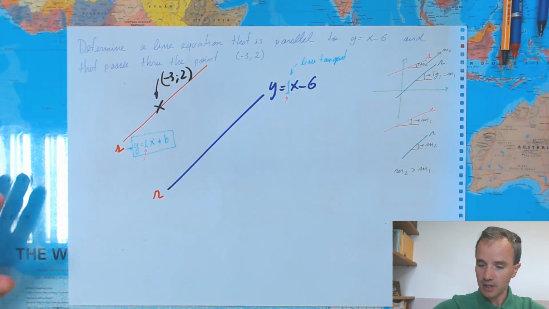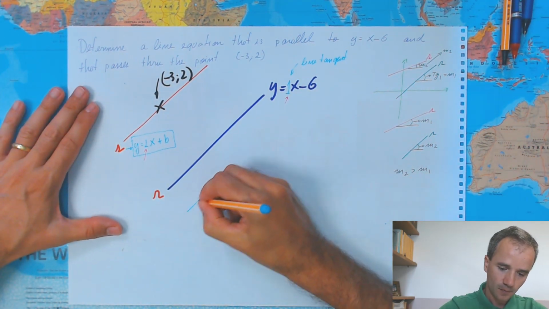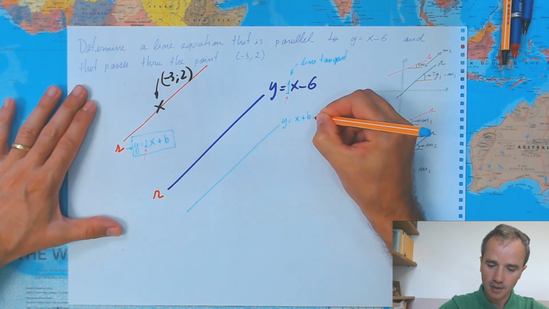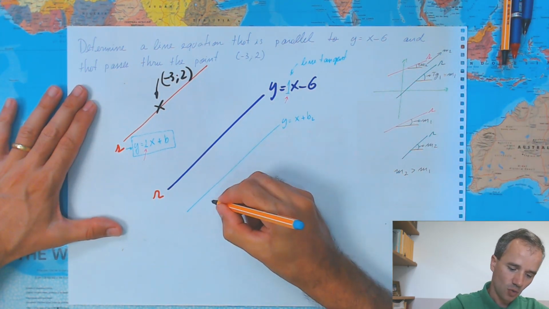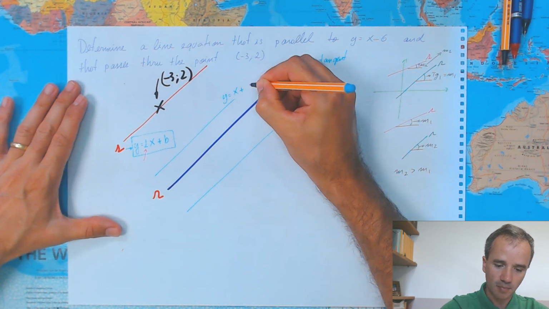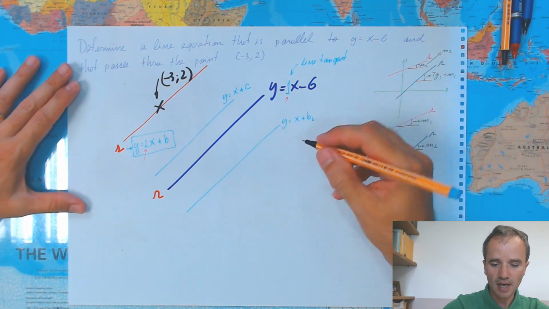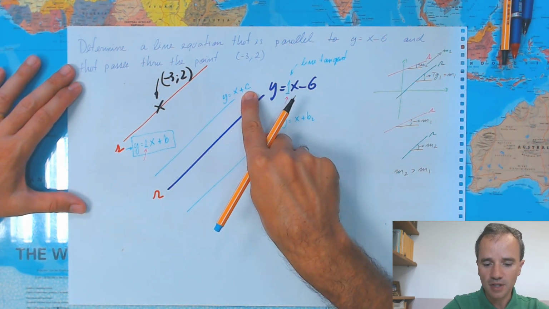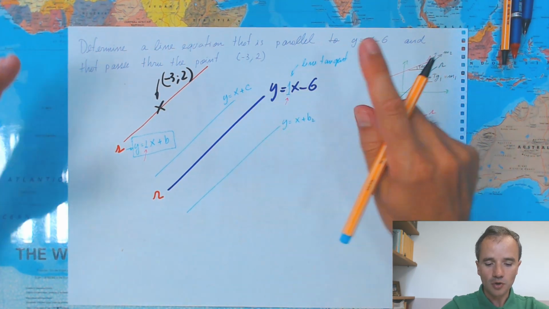Well, let's trace another one here: y equals x plus b2, this one. Y equals x plus c. It doesn't matter, any constant in here. Whenever we change the c, we are going to have a different parallel.